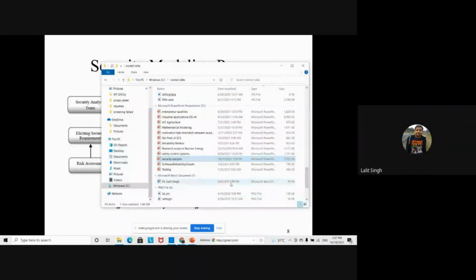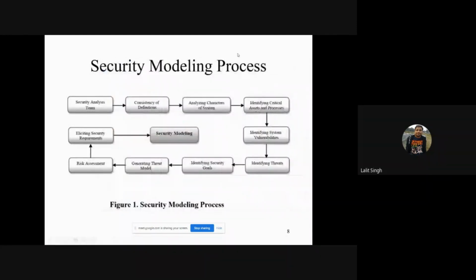So you have to identify the critical assets and processes, because you have to put a lot of effort on those, and you cannot put equal effort on all the assets and processes.